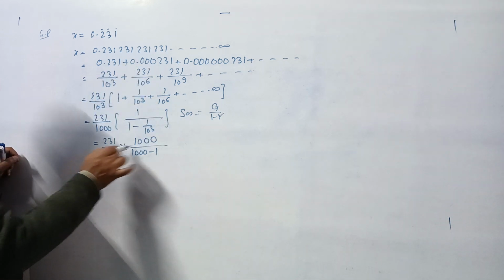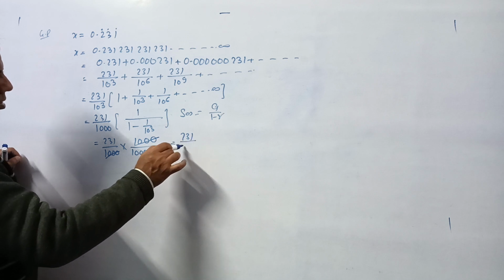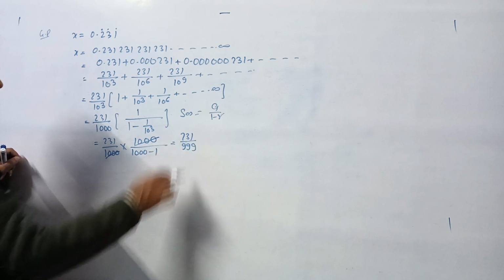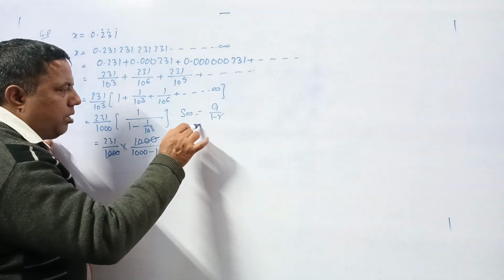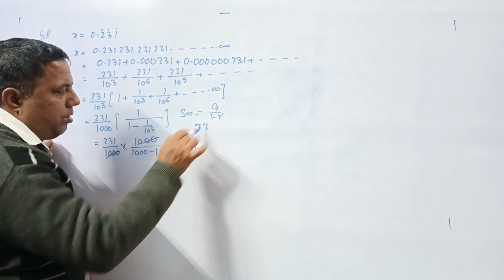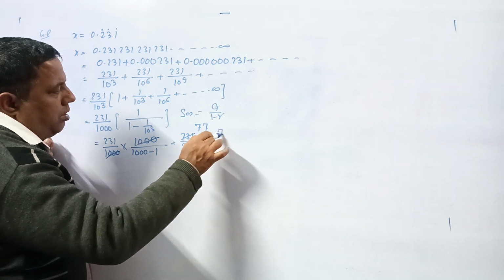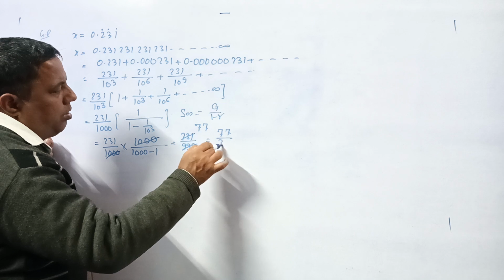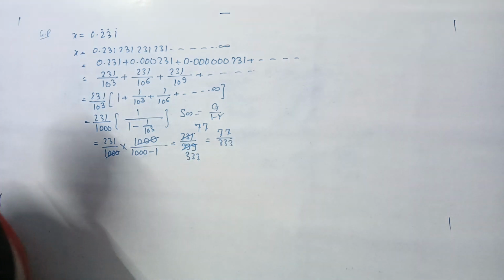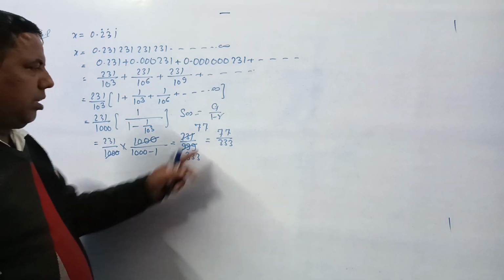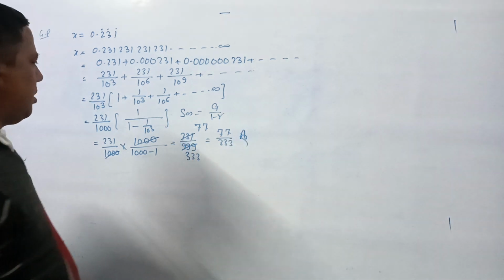This cancels, giving 231 upon 999. It can be cancelled by 3: 3 7s are 21, 3 7s are 21, so 77 upon 333. This cannot be cancelled further by 3. That is the answer. Thank you.